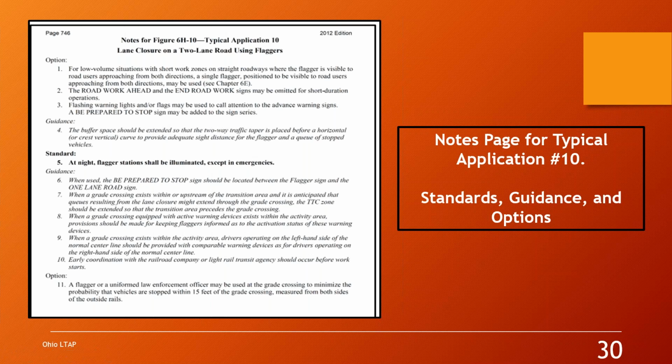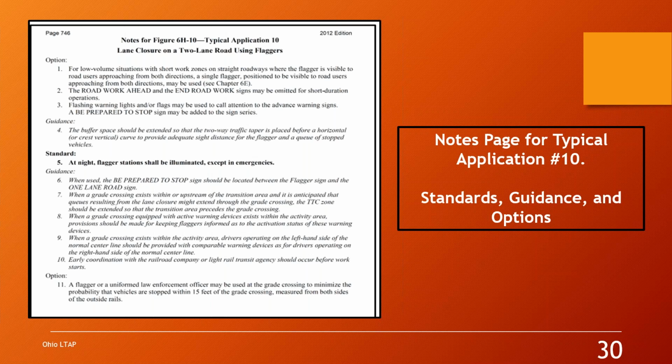And again, if you're flagging on a high-speed roadway, then it really shouldn't be an option. It should be a part of your standard setup. And I know that a lot of county roads and township roads are high speed, so you should heed my advice on that.